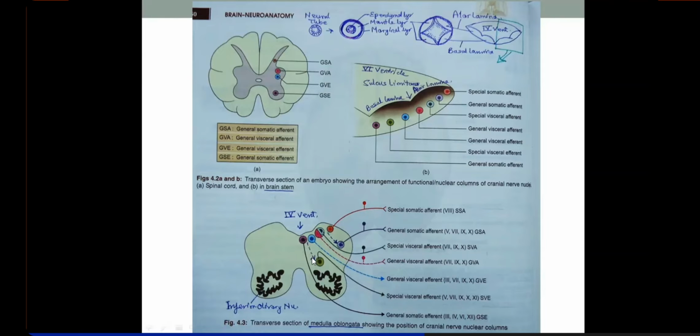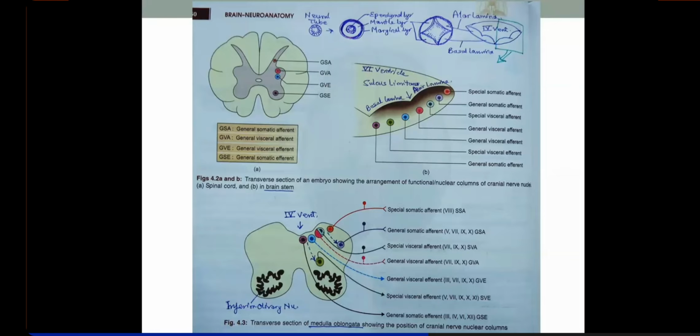It has dipped down and settled deep in the white matter surrounding the floor of the fourth ventricle. It dips deep into the white matter of the brain stem. So these nuclei will be found embedded deep in the brain stem, and this functional column will include the efferents supplying the muscles of the pharyngeal arches.